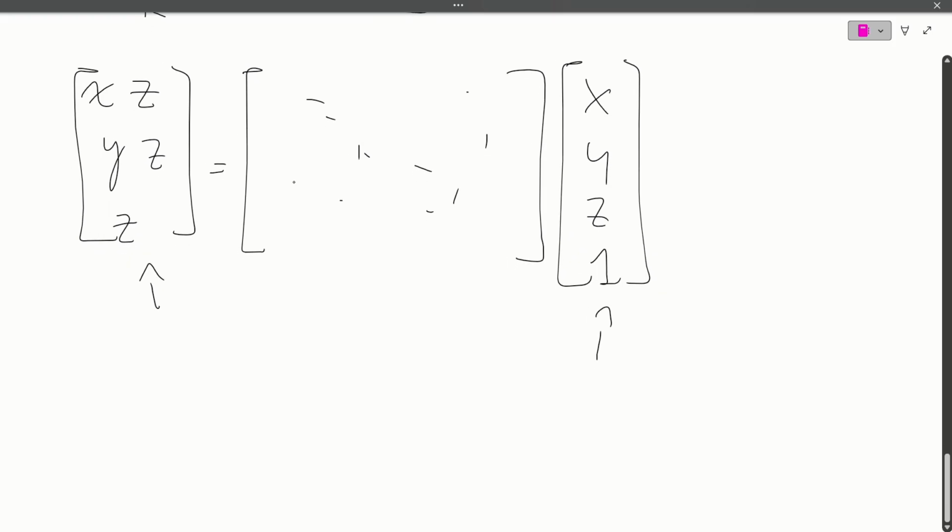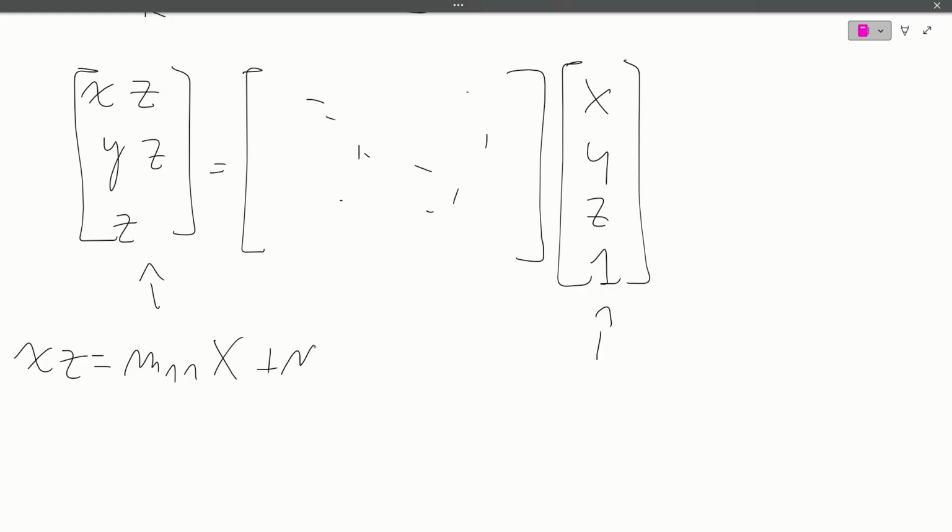Let's look at it. Now I will do some steps in mathematics, very boring, so let's speed up the video. We know now that xz is equal to m11 x plus m12 y plus m13 z plus m14.